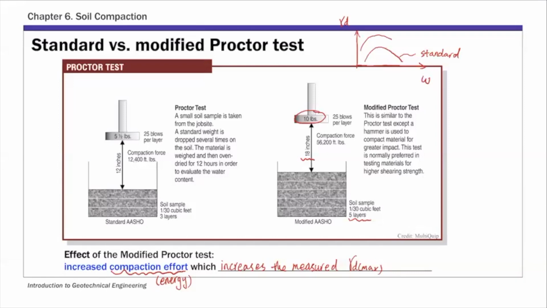This is the modified. So that's how this increased energy affects the compaction curve. You have higher dry unit weight, and also the optimum moisture content slightly decreases as the curve shifts to the left.